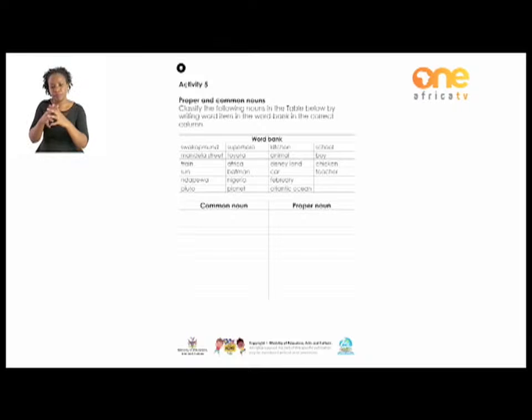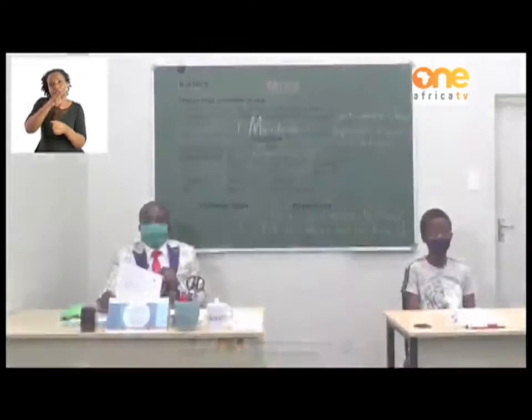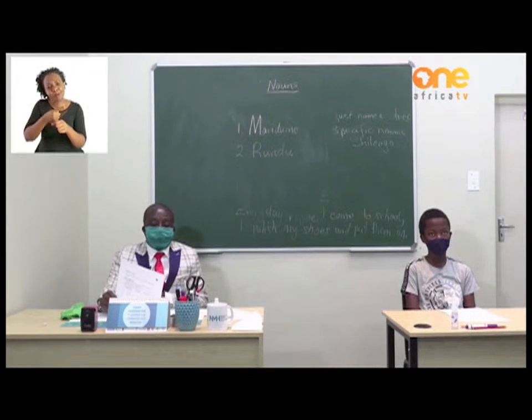where we have such words as Swakopmund, superhero, kitchen, school, etc. Now the question is saying, you classify those words as common nouns or proper nouns. Remember, we said proper nouns, always they begin with a capital letter.